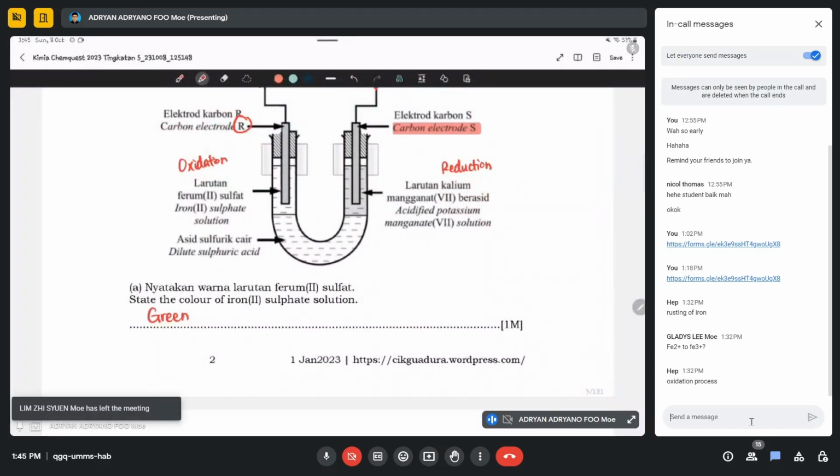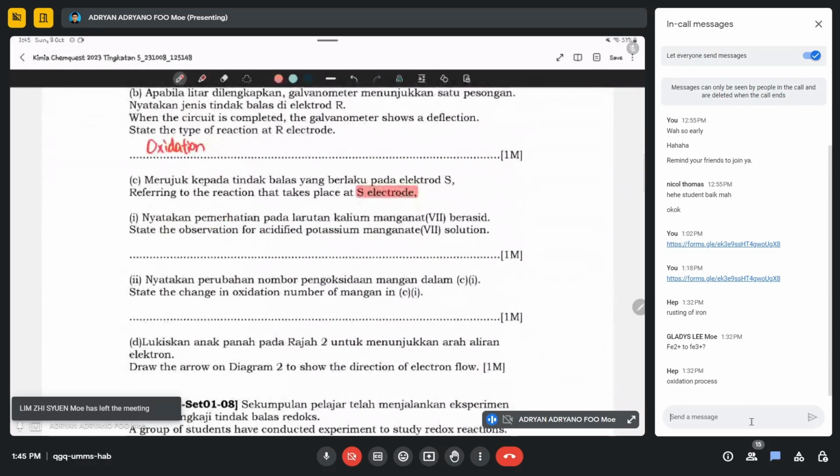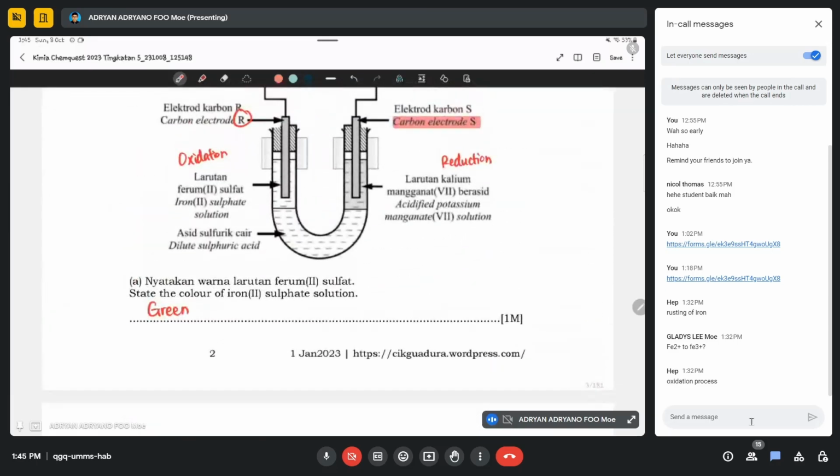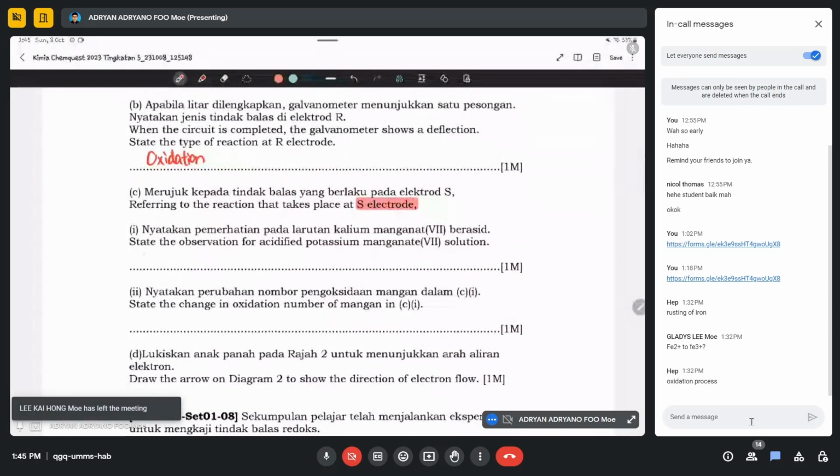Referring to S electrode, state the observation for acidified potassium manganate 7 solution. This I can memorize, right? Acidified potassium manganate is purple. So what is my observation? Change from purple to colorless.